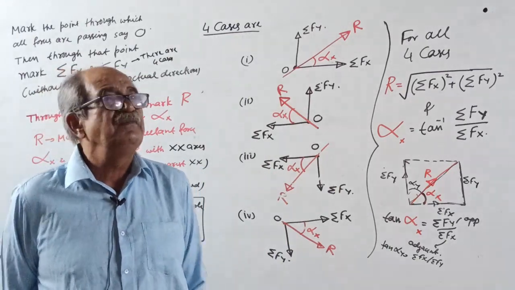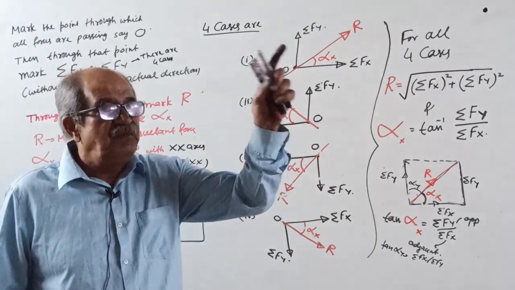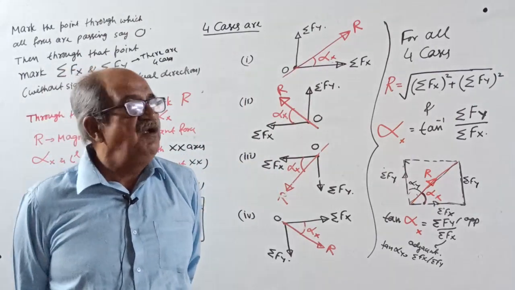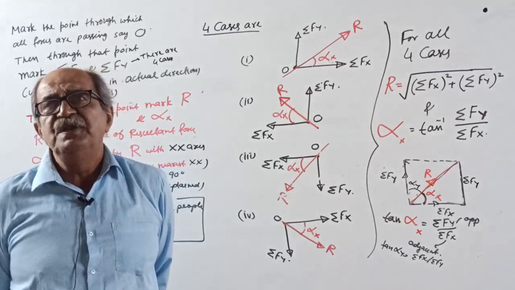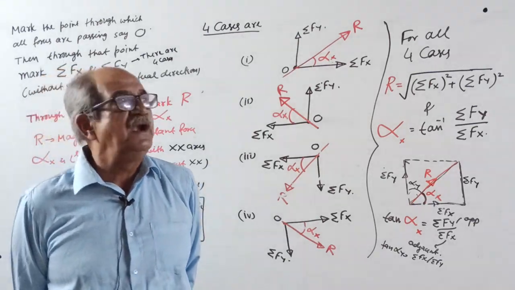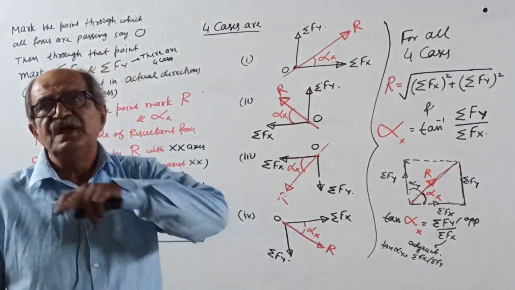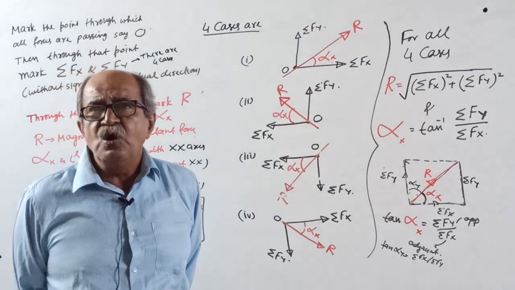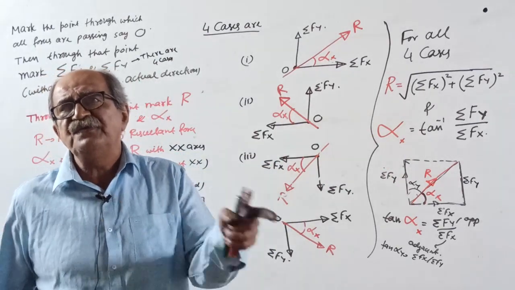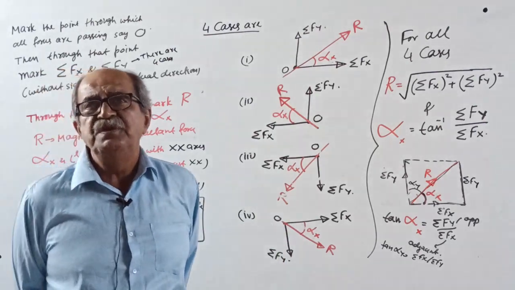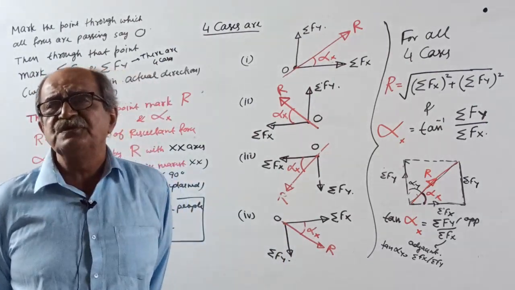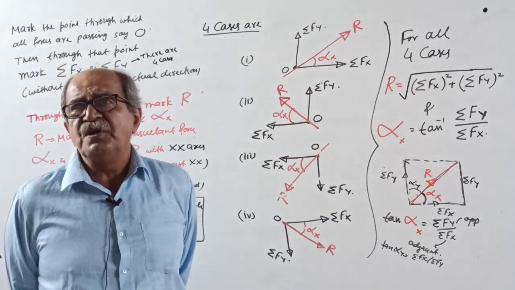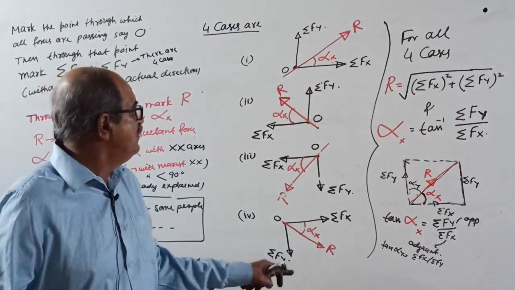The principle states: the algebraic sum of the resolved components of all the forces along any axis is equal to the resolved component of the resultant along the same axis. When I start the proof, I will explain once again.